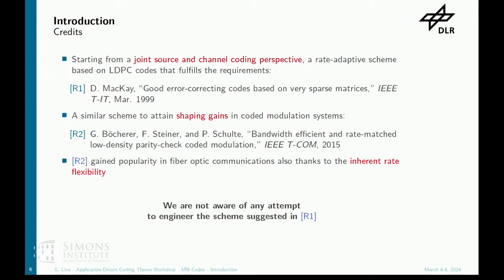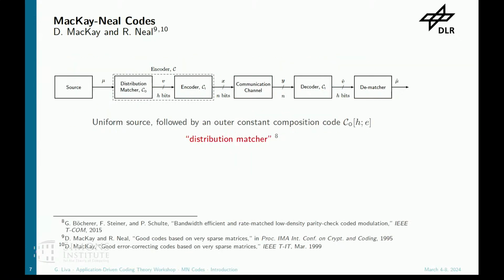So let's see what we can do with the Mackay construction. The principle is as follows. We have a source which is generating bits in a uniform manner. We have a block that is sometimes called in literature the distribution matcher.